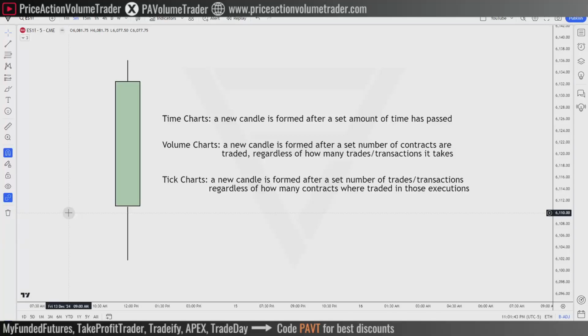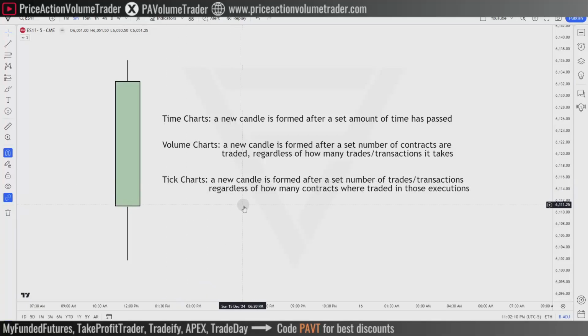With tick charts, a new candle is formed after a set number of trades or transactions, regardless of how many contracts were traded in those executions. So with tick charts, all we're measuring is the number of transactions that have happened, irrelevant of the size or volume of those transactions.